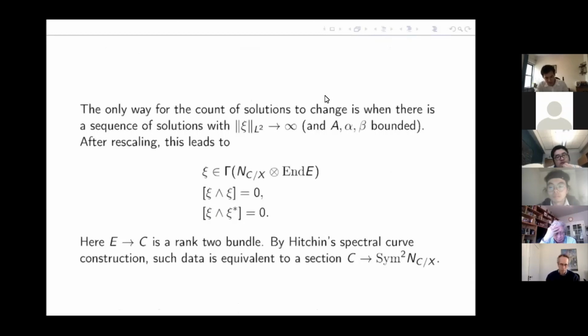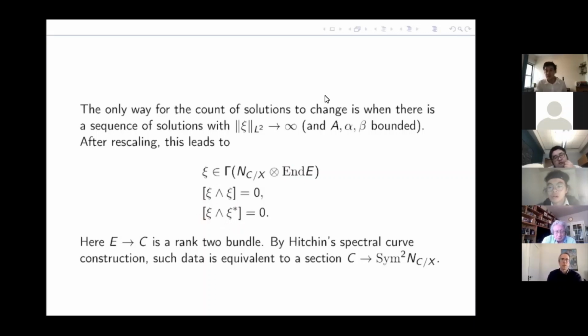But now, if you remember, Xi was a section of a normal bundle times an endomorphism bundle. That means that locally, over every point of the curve, we get two matrices, because endomorphisms of V are represented by matrices, and moreover, these matrices commute and are normal.